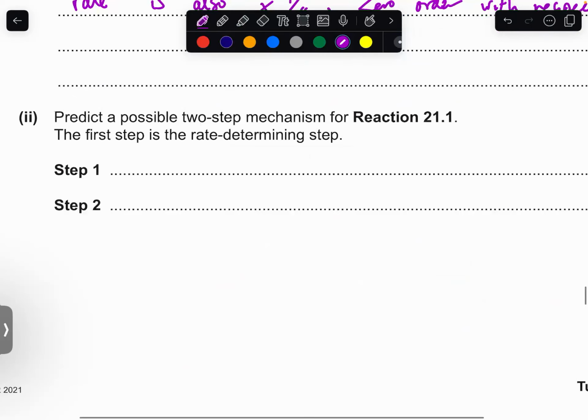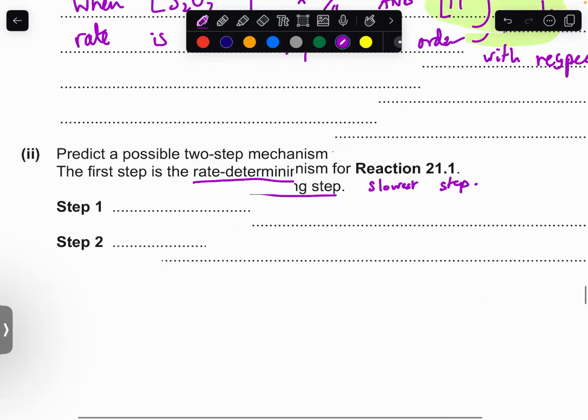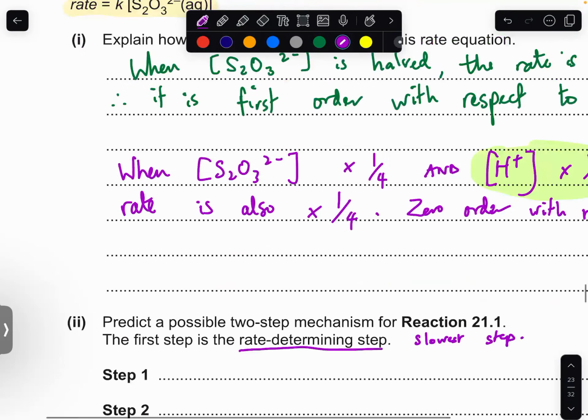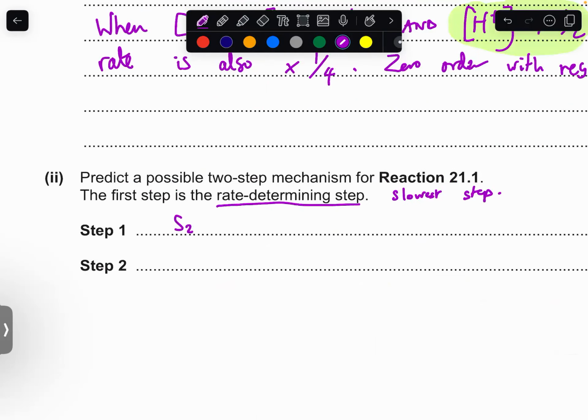Predict a possible 2-step mechanism. The first step is the rate determining step, meaning the slowest step. How do we know what's in the rate determining step? We look at the rate equation. It's S2O3 2-.